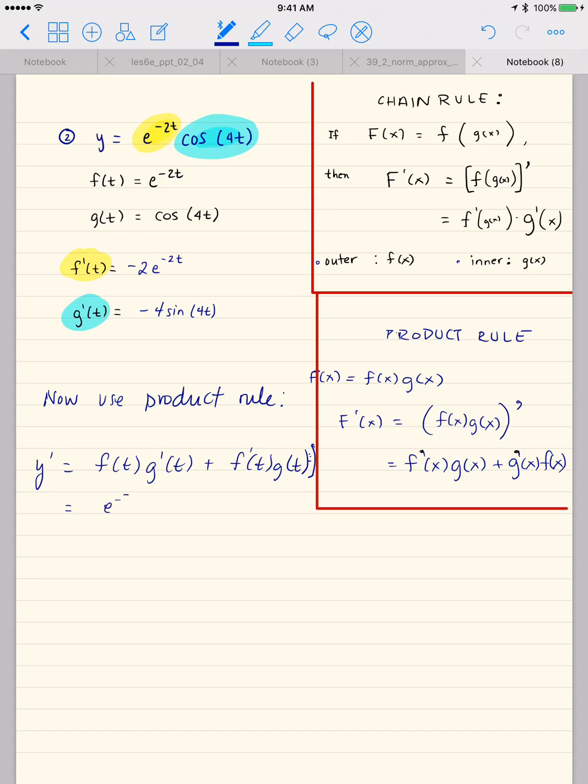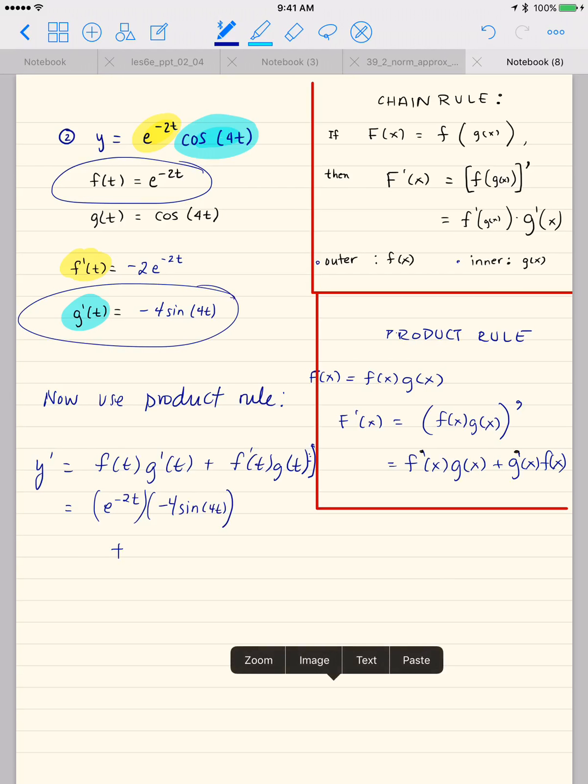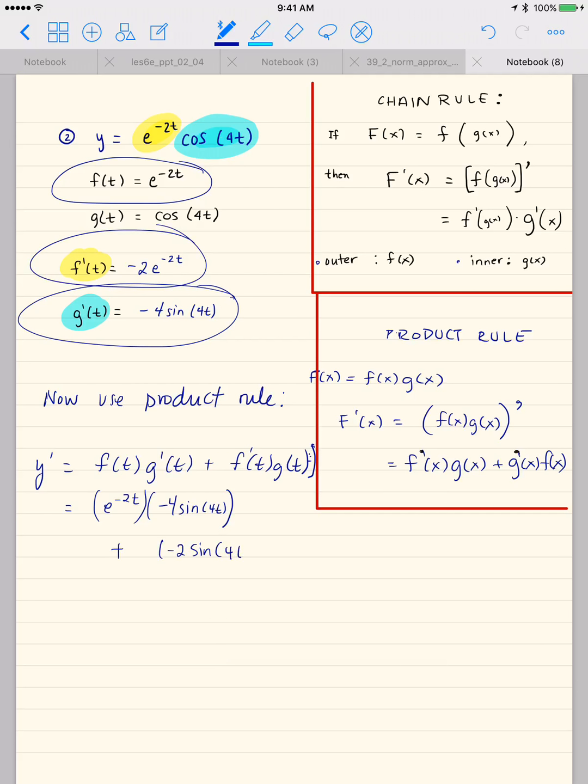E to the negative 2t. So that's right here. Now g prime of t is right here, so times negative 4 sine 4t, plus I need f prime of t, negative 2 sine 4t, times g of t, which is cosine 4t.